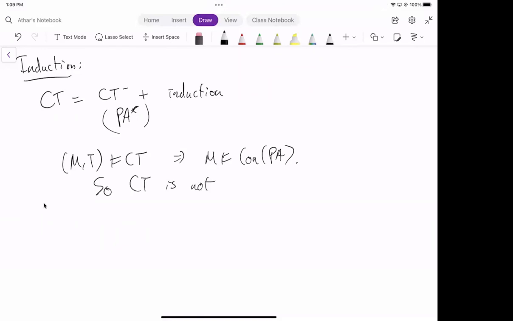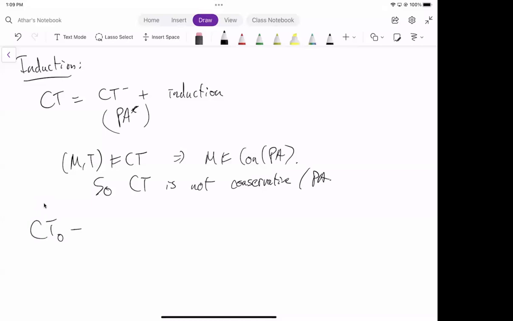There are countable recursively saturated models that do not expand to CT over PA. You can lessen that induction by putting grades on it.